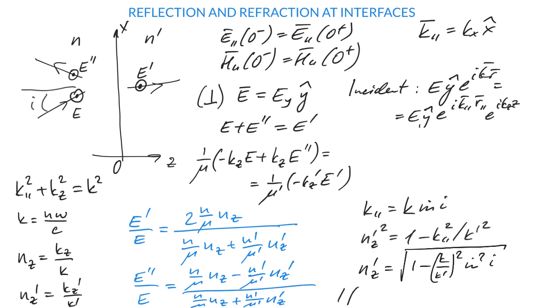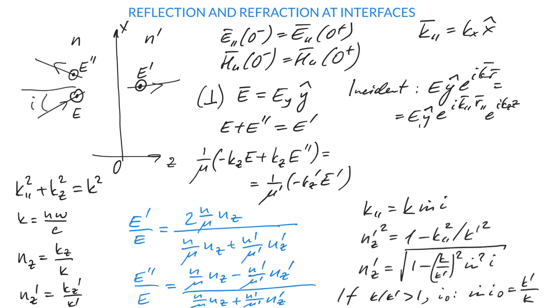So in the case where k over k prime is greater than 1, there's a range of incidence angles where the square root becomes imaginary. The expression under the square root becomes less than 0. So this happens at an angle I naught, where sine I naught is equal to k prime over k.